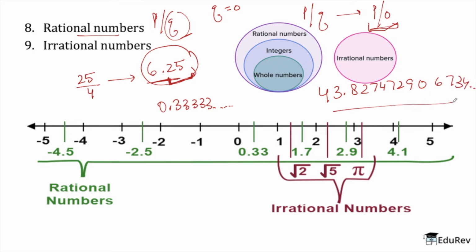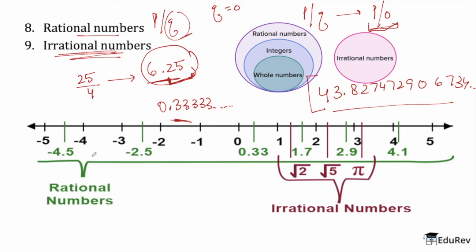As you can see, this number is non-terminating, meaning it is not ending, and the digits are not repeating like they were in 0.333. So all the numbers in which the digits do not repeat and which are non-terminating form the category of irrational numbers.